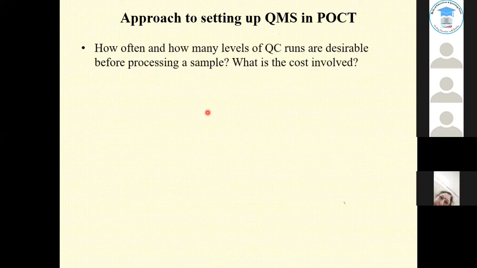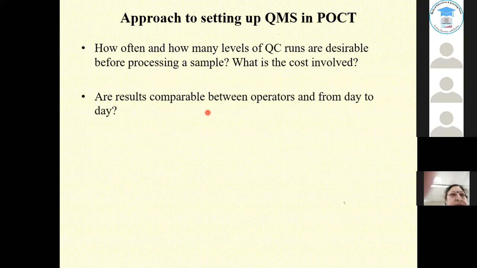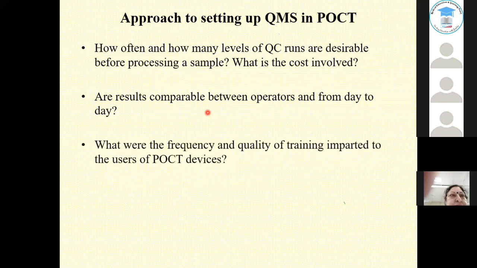So what should be your approach while designing a quality management system for POC? Number one, how often and how many levels of QC runs are desirable before processing a sample? What is the cost involved? Are results comparable between operators and from day to day? What were the frequency and quality of training imparted to the users of POC?